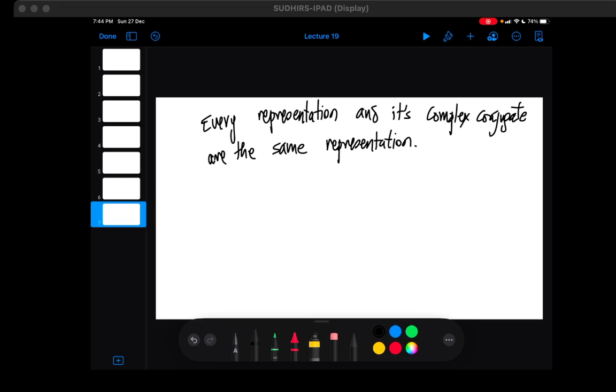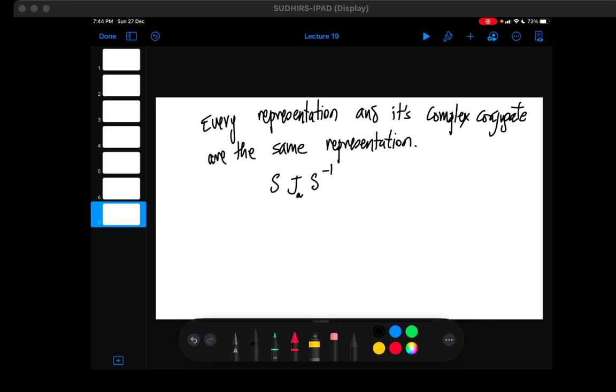Okay, what it means is that suppose the representations of SU2 are, say, J. So that means there is always a similarity transformation such that S J S inverse is equal to J star.